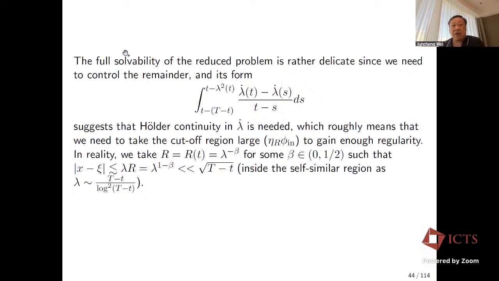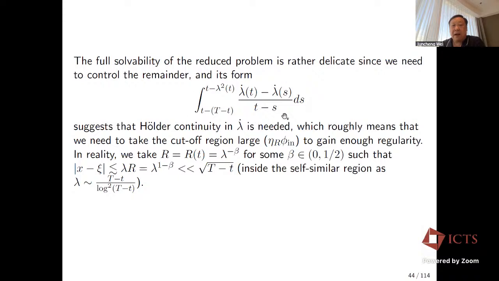The full solvability of the reduced problem is rather delicate, since this term loses the regularity. So if you put this term in the reduced problem, you lose the regularity. It means if you want to get an L infinity estimate, you need a C alpha estimate. If you want to get a C alpha estimate, you need a C2 alpha estimate. So you cannot solve the problem.